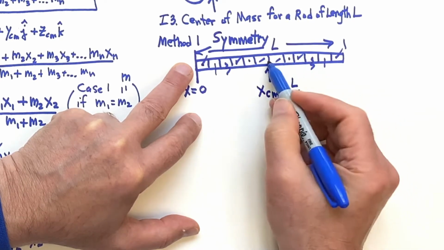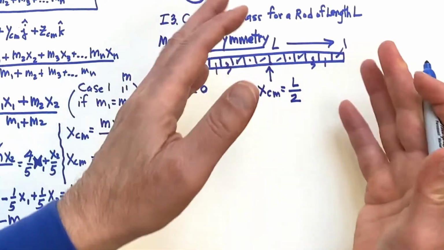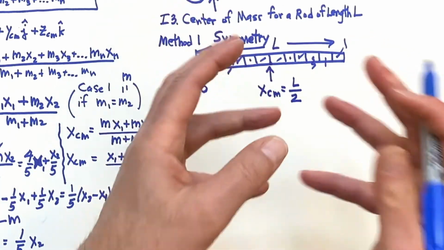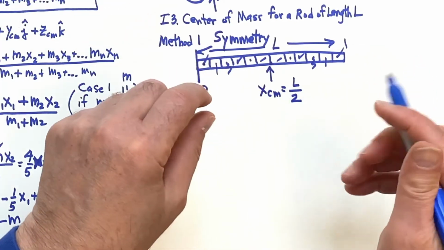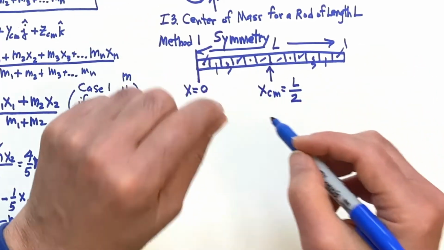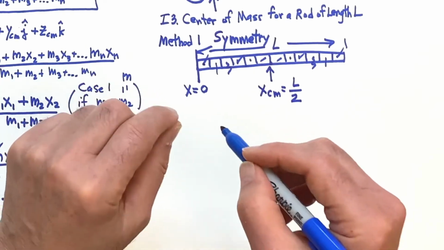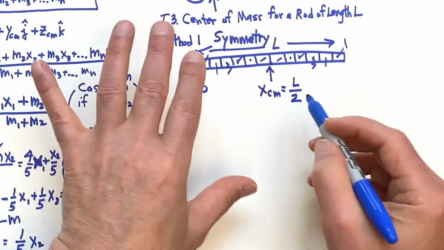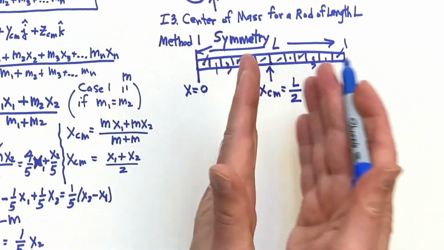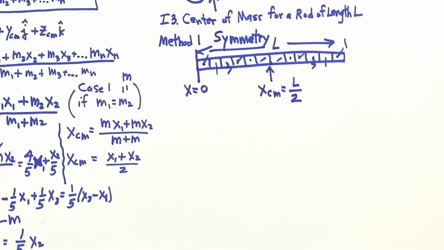If I say L over 2, then you can look at that center of mass as being in the center of the rod and forget where the origin is, doesn't matter. Later, when we do moments of inertia, it will matter where the reference is, where your axis is when you're doing rotation. But for the center of mass here, it is the center of the rod, and we're finished.